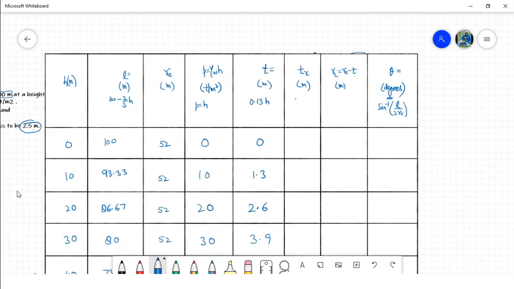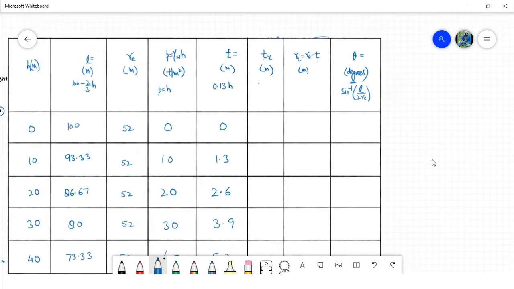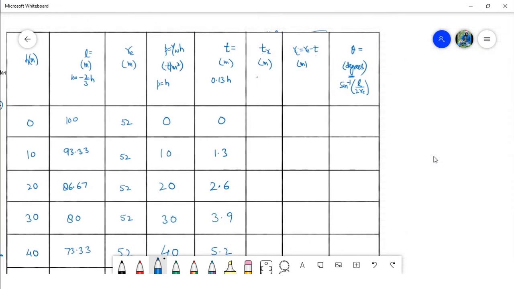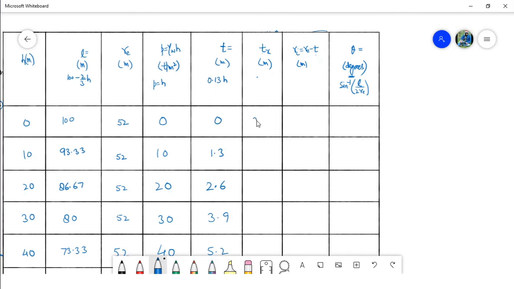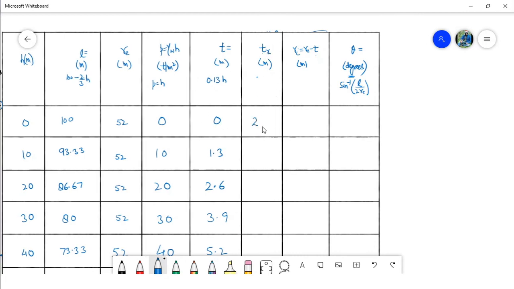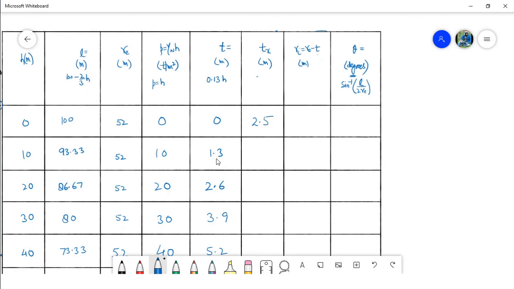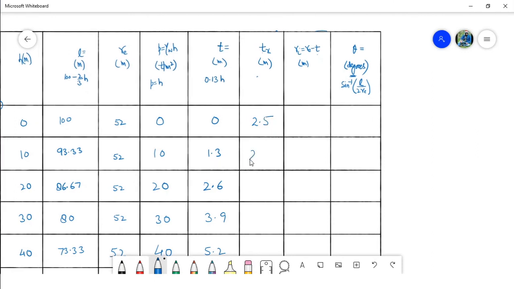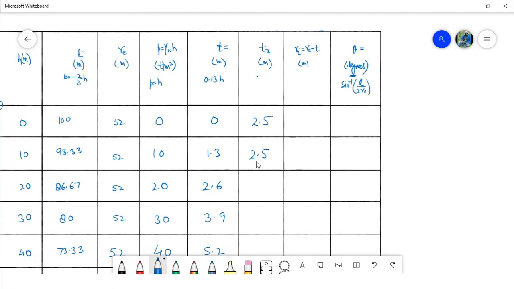If the calculated thickness is less than 2.5 meter, we have to ensure the minimum thickness there. Since the thickness is 0, the provided thickness should be 2.5. It is again 1.3, which is less than 2.5, so we have to ensure the minimum thickness.